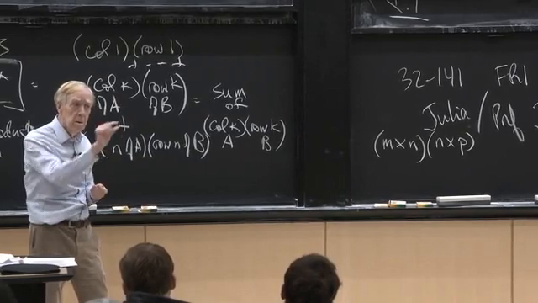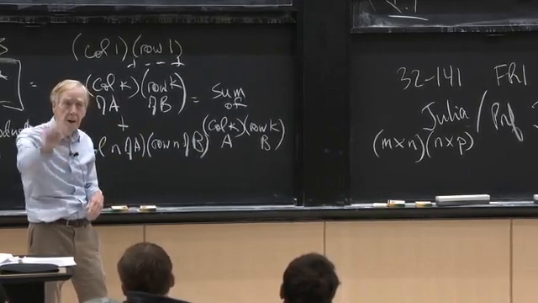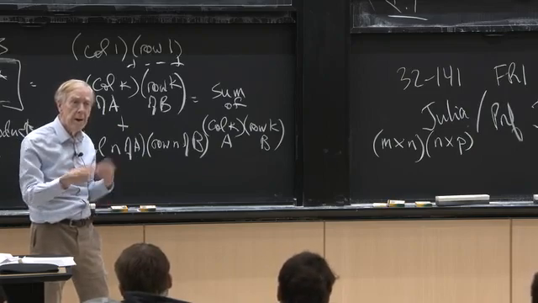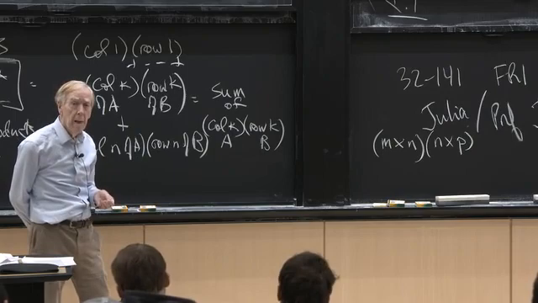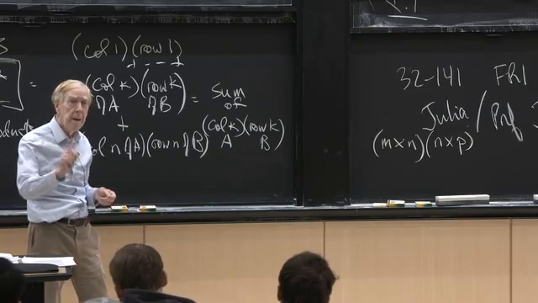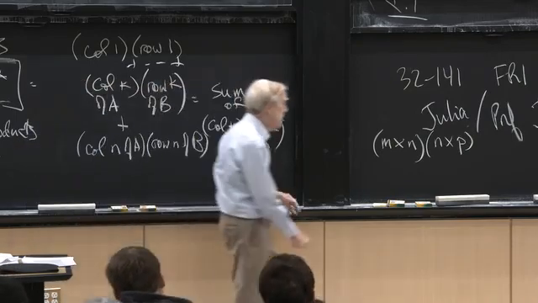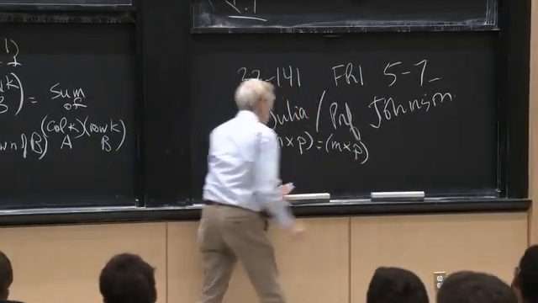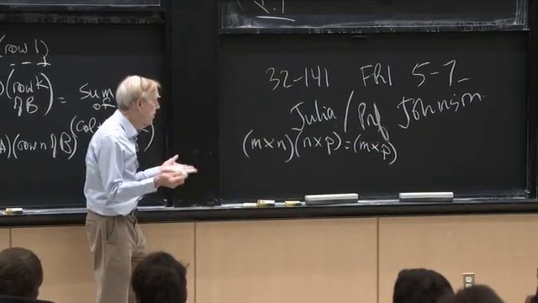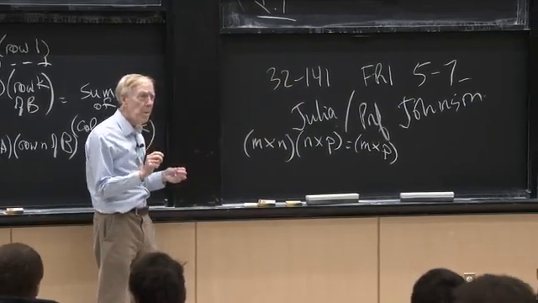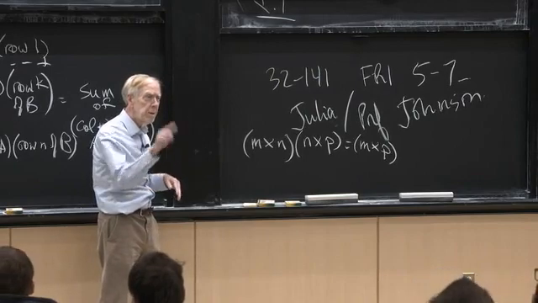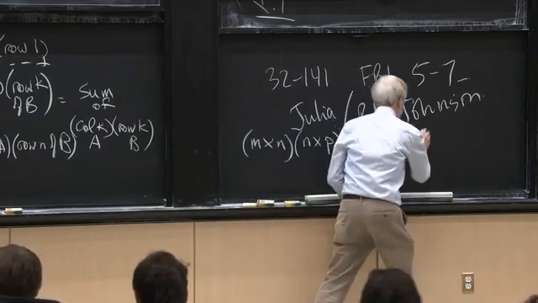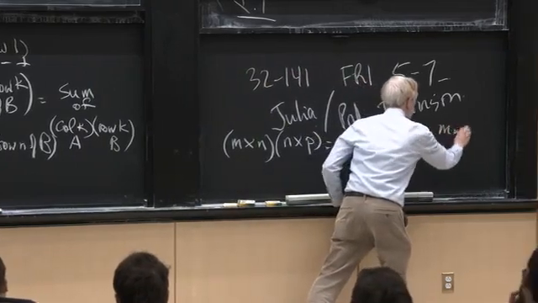N, right? The row has length N, the column has length N. So that's N, and now how many of those do I have to do? MP, because the size of this answer is M by P. So if I do it in that old order, N multiplications for a dot product, and this many dot products in the answer, I've got MNP multiplies.